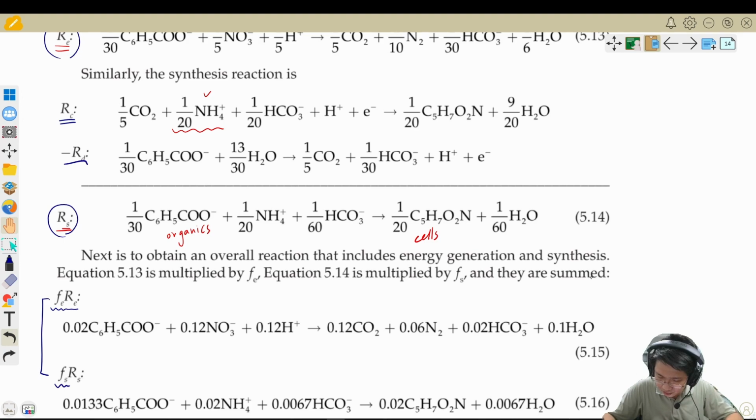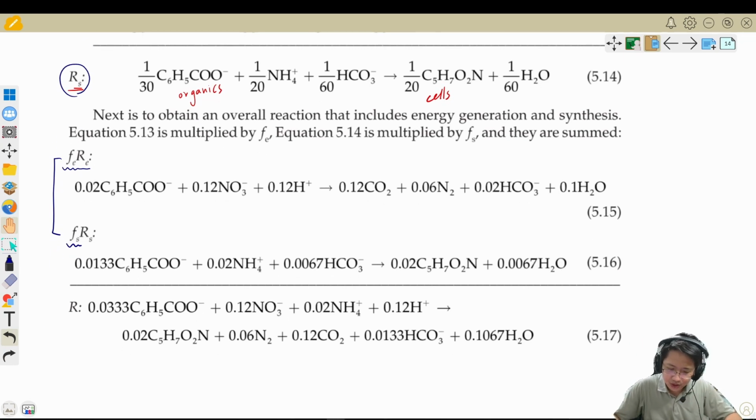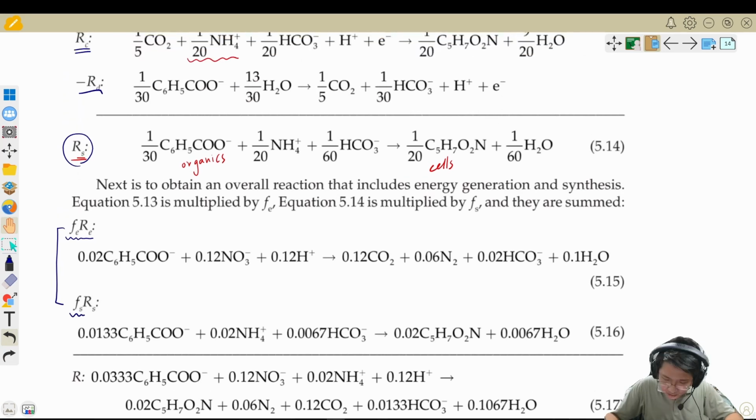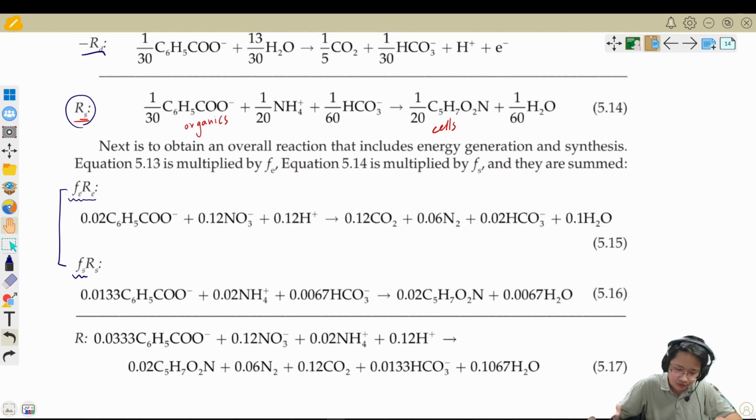So basically here, if we put the Fe and Re together, and also the FsRs together, the overall reaction here will be 0.33 benzoate converting to 0.02 molar of the biomass, and producing 0.06 nitrogen gas.